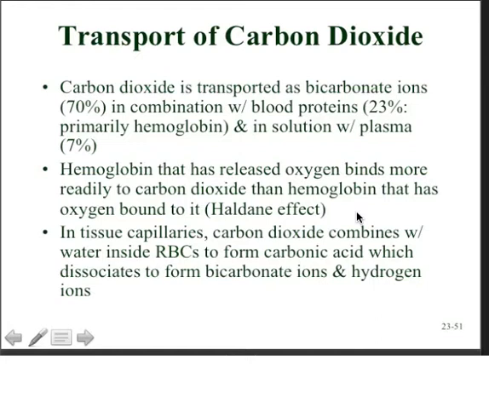By the same token, as oxygen binds to its sites on the heme, it tends to force the CO2 out of the globin. So it's sort of a push-me-pull-you effect with oxygen and CO2 on hemoglobin.